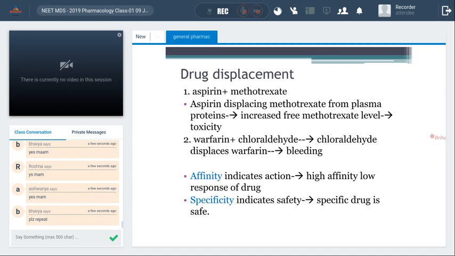So more effect, more toxicity. Warfarin is an anticoagulant, which is preventing the coagulation. So more breakdown of coagulation will result in bleeding. So when you give chloral hydrate to a patient who's on warfarin, they undergo displacement reactions, which may result in bleeding. That's about displacement reaction.